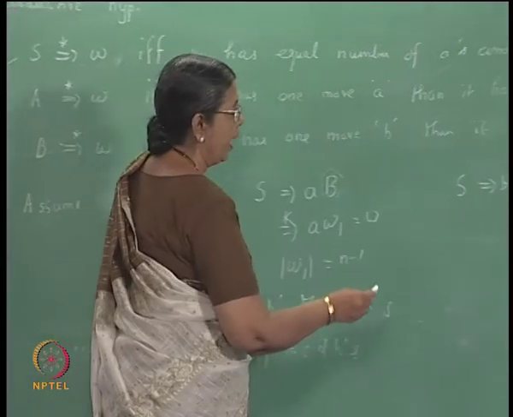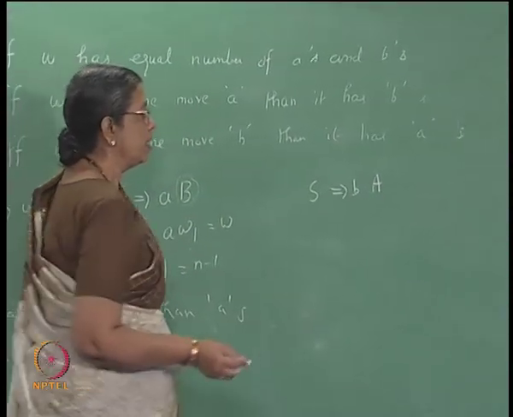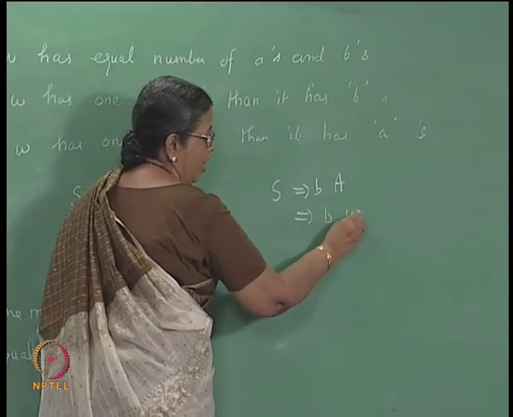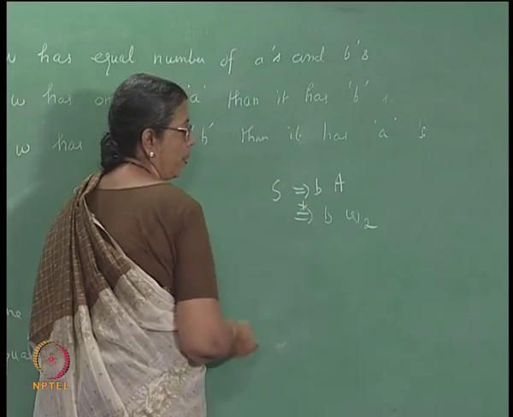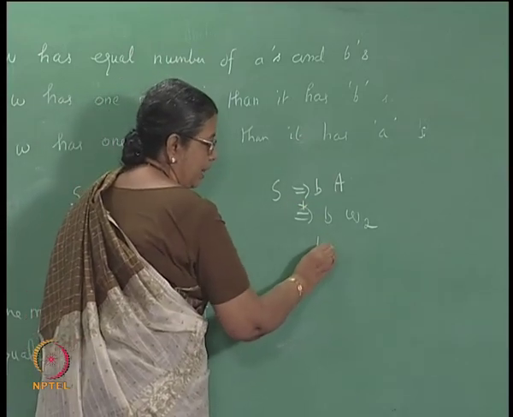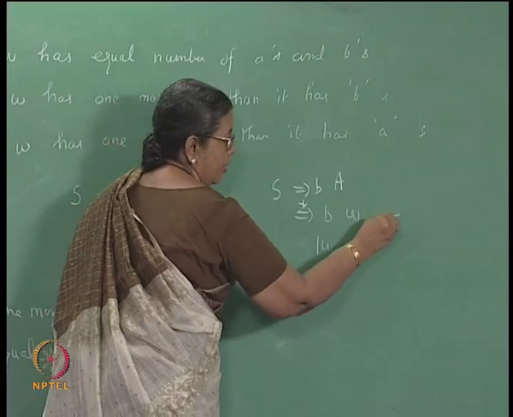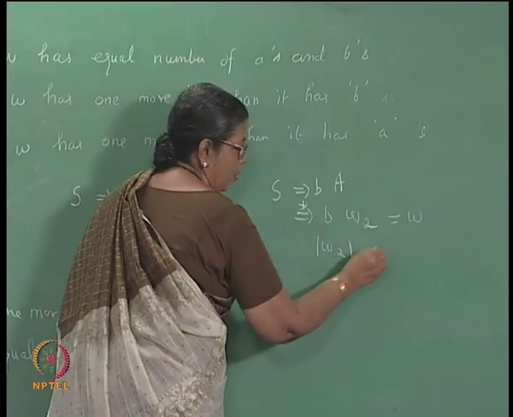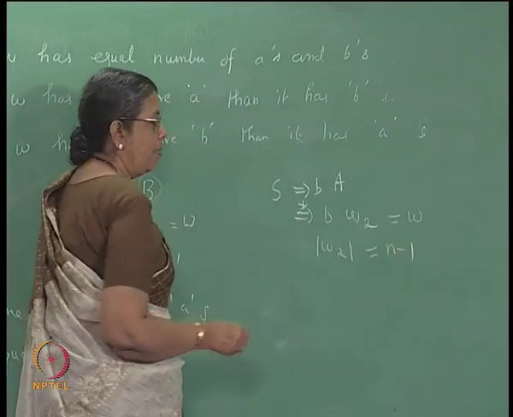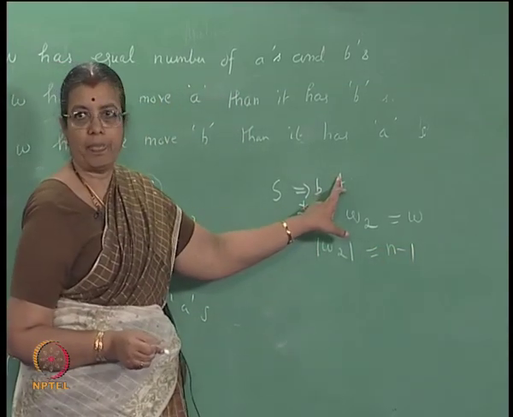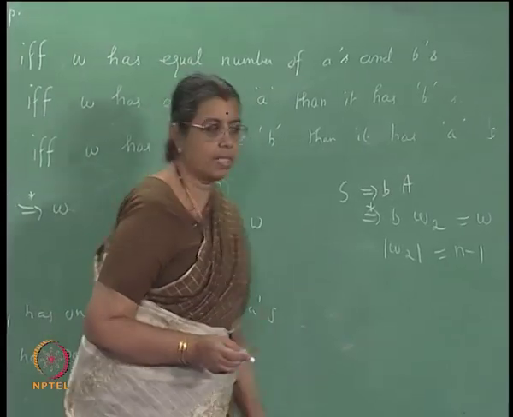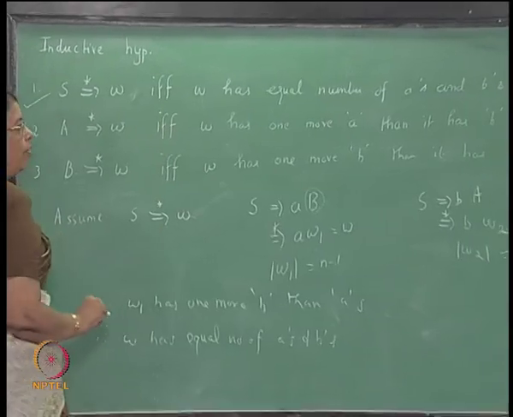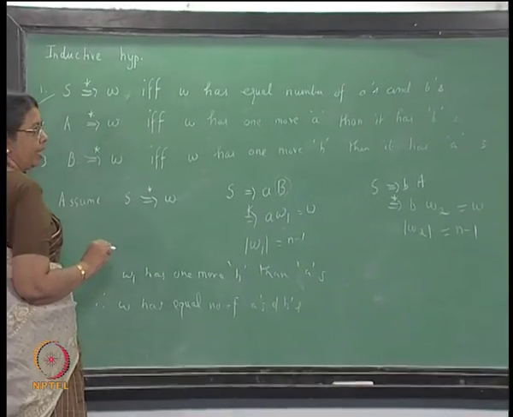This one, if you take S goes to B, if the first rule is like this, then from A you are deriving a string W2. What can you say about the length of W2? This is equal to W. Length of W is n. So, length of W2 is n minus 1 and W2 is derived from A. So, by the induction hypothesis, what can you say? A string is derivable from A if and only if it has one more A than it has B's.